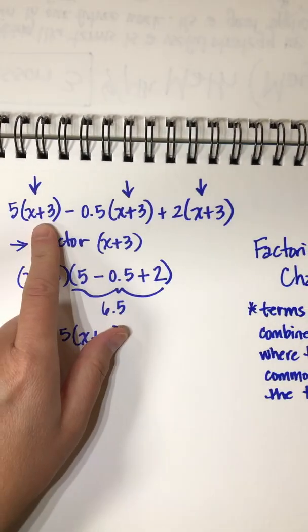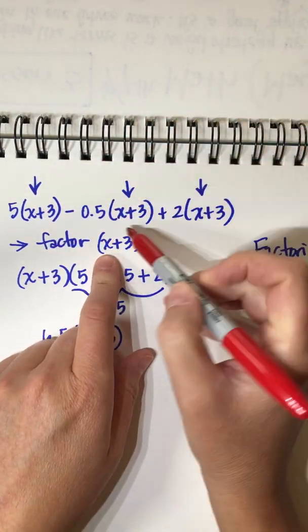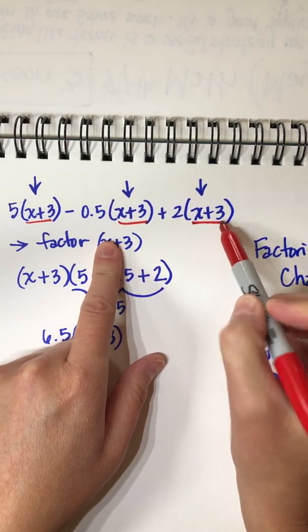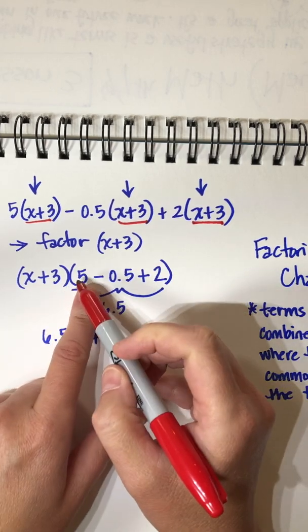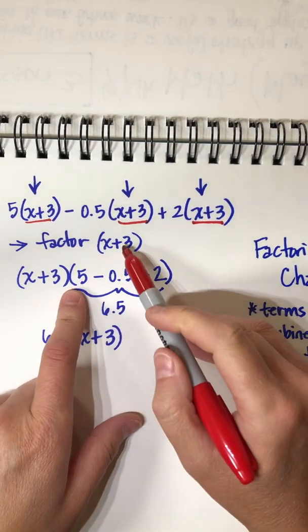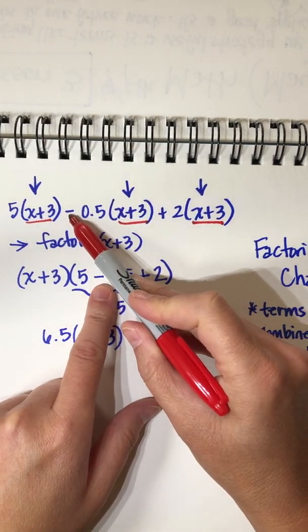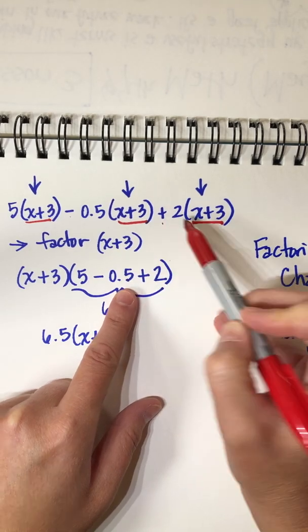And so if you look at this expression, x plus 3 is the common factor. It's here, and it's here. So we're going to factor out that common factor. So we have an x plus 3, and then we're going to multiply our x plus 3 times everything we have left, which is our 5 minus 5/10 plus our 2.